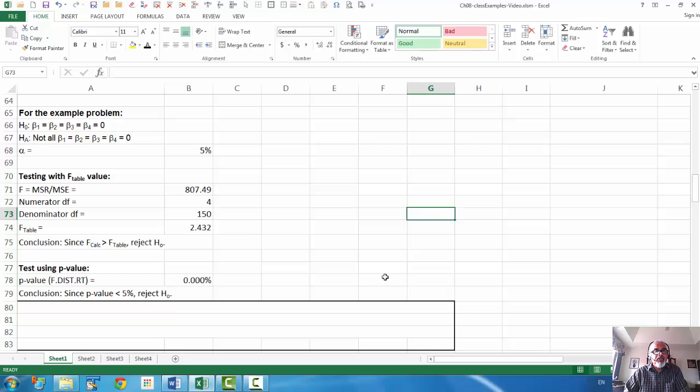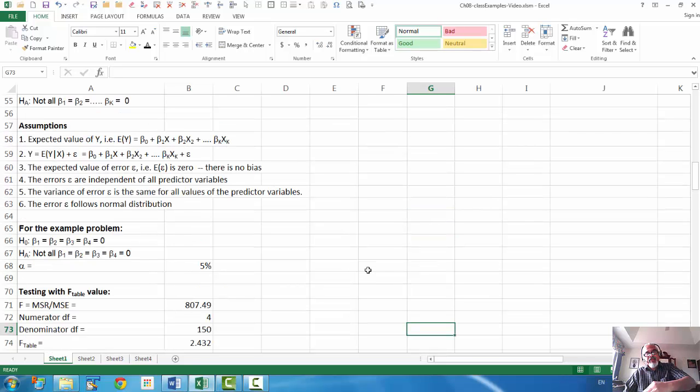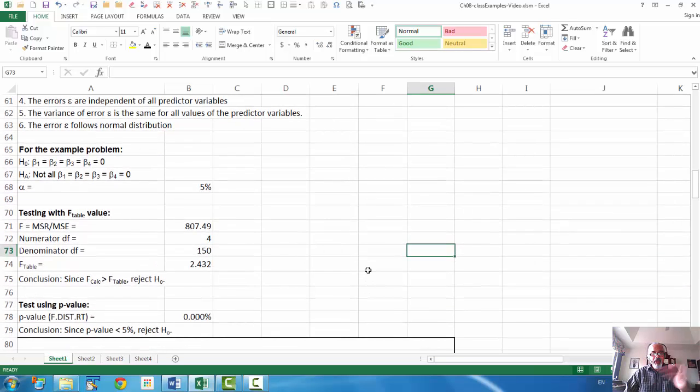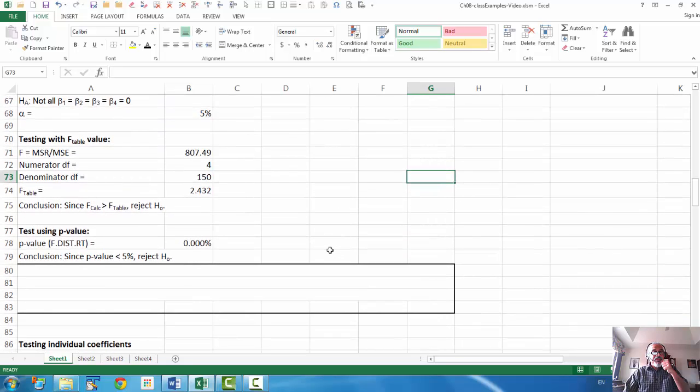So how do we interpret this conclusion? We have sufficient evidence to conclude that the regression between the 4 predictor variables and the price of unleaded gasoline is significant. Not all the slope coefficients are equal to 0, and the probability that this conclusion is in error, the type 1 error, is nearly 0.